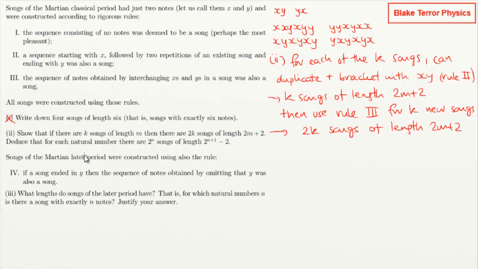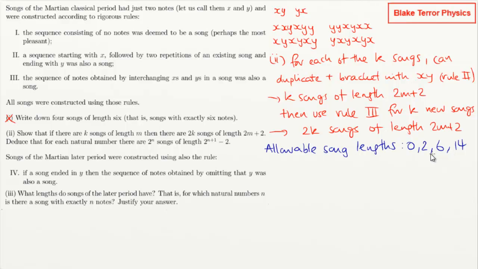Deduce that for each natural number n there are 2 to the n songs of length 2 to the n plus 1 minus 2. Okay, so let's get our song lengths. Allowable song lengths are going to be 0, then 2, then 6, then 14.